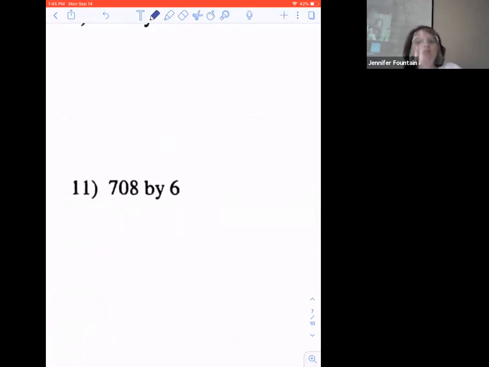It has to be divisible by both 2 and 3. So that means it has to be an even number. So 708, is it an even number? Yes, and now let's add the digits. 7 plus 0 plus 8 is going to be 15. Is 15 divisible by 3? Yes, so it's divisible by 2, it's divisible by 3, so yes, it is divisible by 6. Good.